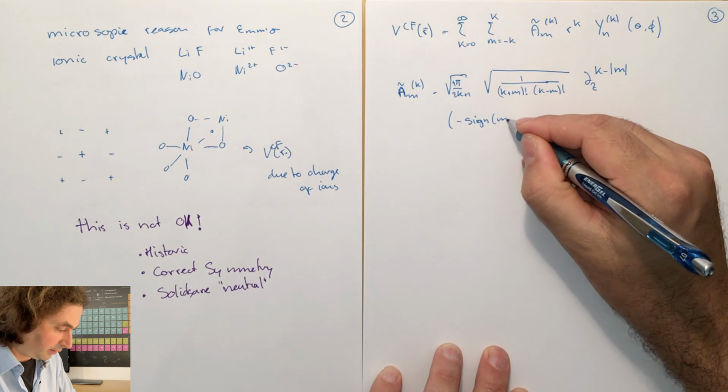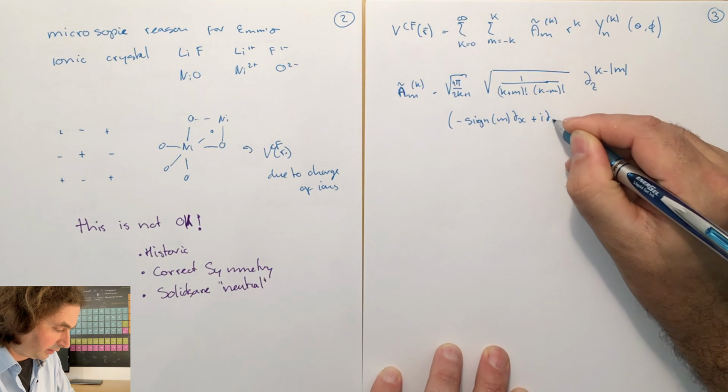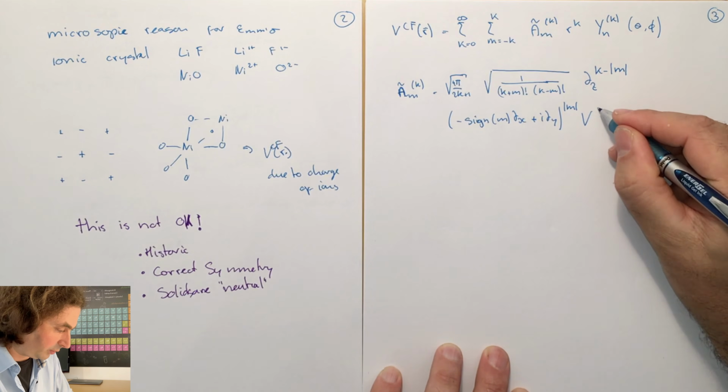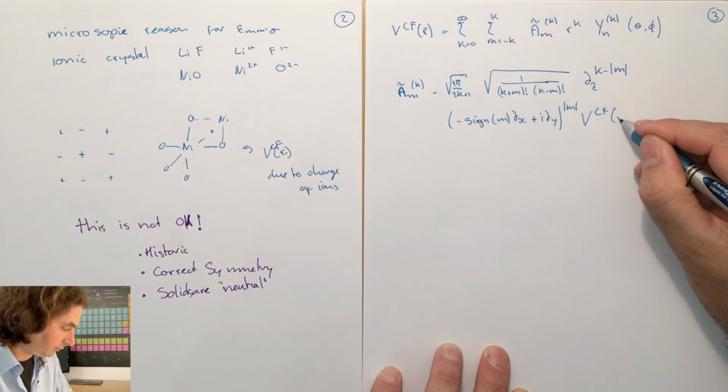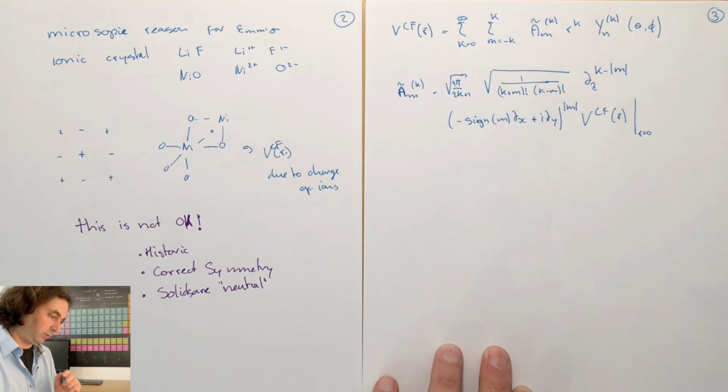And that's the sine of m in the x plus i d y to the power m of your potential, evaluated at the point r is equal to 0.